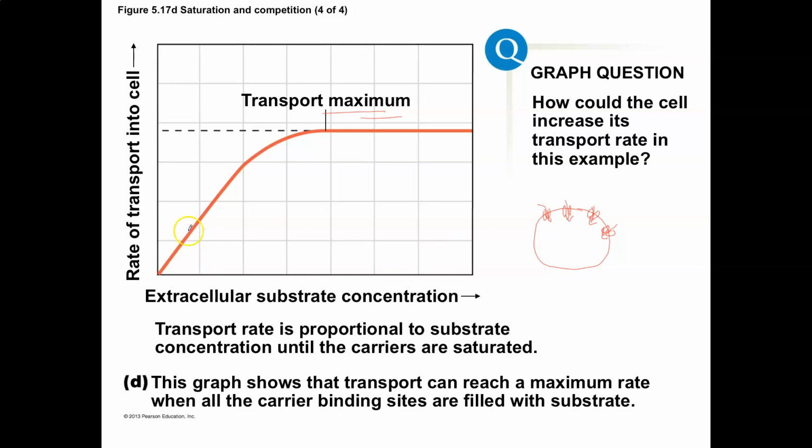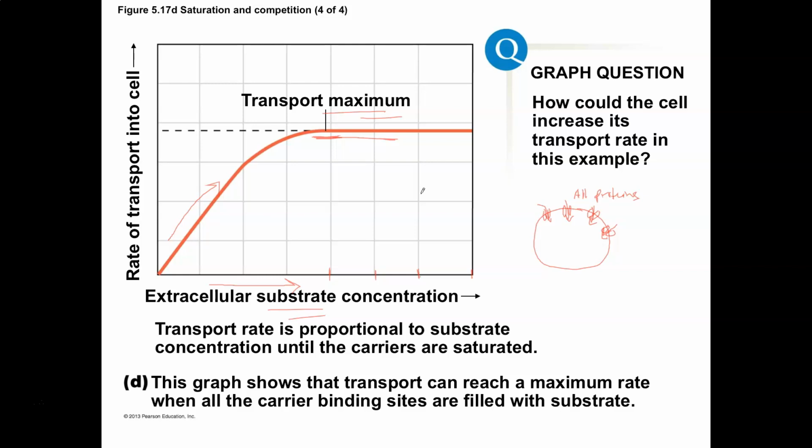So what we see in this diagram or in this graph is that as the concentration of substrate goes up, there will be an increased rate in transport until you reach the saturation point. Once you have utilized all of the carrier proteins that are available, so these are all the proteins that the cell has, then you can't go any faster. You reach a plateau. So it doesn't matter if we keep increasing the concentration of the molecule that we want to move across the membrane, we can't transport any more of that molecule.